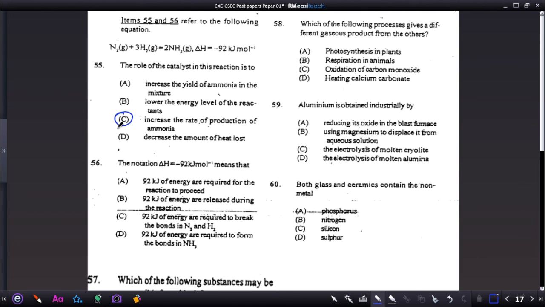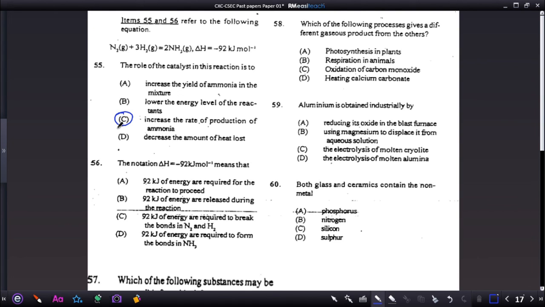56. The notation delta H equals minus 92 kilojoules per mole means that 92 kilojoules of energy are required for the reaction to proceed. No, 92 kilojoules of energy are released during the reaction. C. 92 kilojoules of energy are required to break the bonds in N2 and H2.